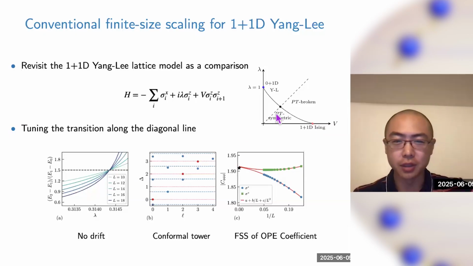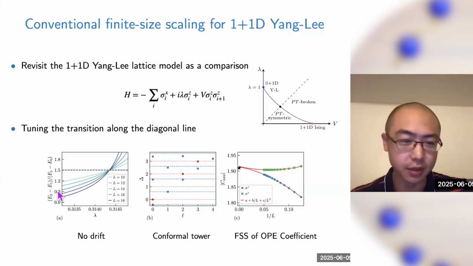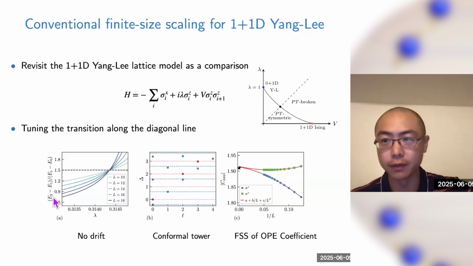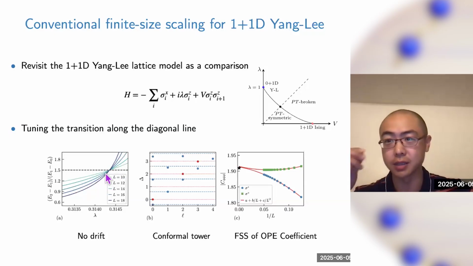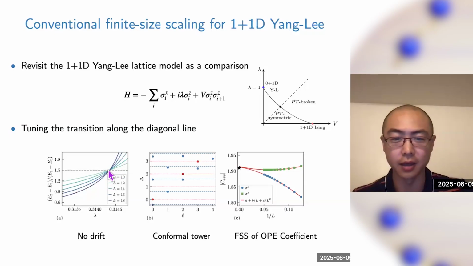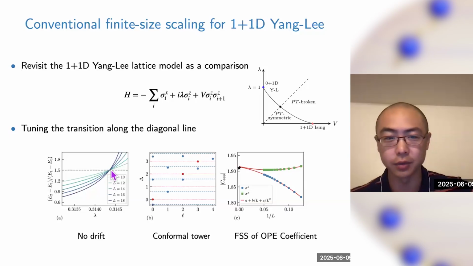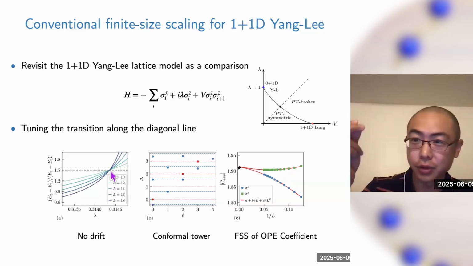If you tune the transition along the diagonal line, you can look at, for example, finite size scaling of dimensionless quantities. Here we look at the ratio of level spacing, using the first three energy levels, E2, E1, and E0, and we compute E2 minus E1 divided by E1 minus E0. The dashed line is the CFT prediction, three halves. If you compute it across different system sizes, they cross very nicely at this CFT prediction point, and you can use that as your definition of a critical point.